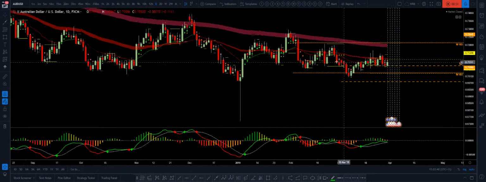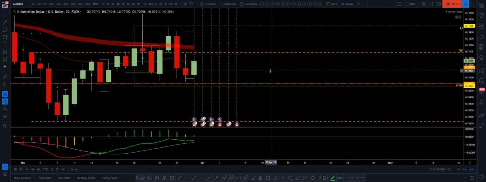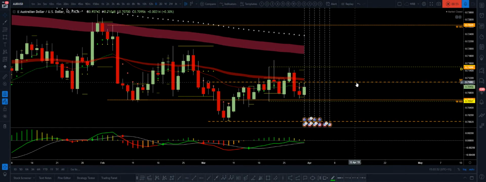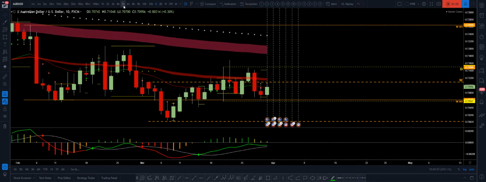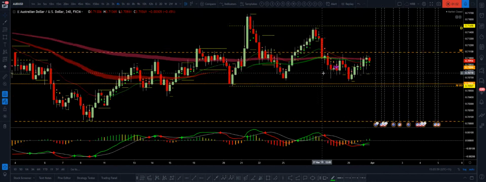So from the daily chart in last week, we have a look at this point 71, 71, and I think Monday or something like that.